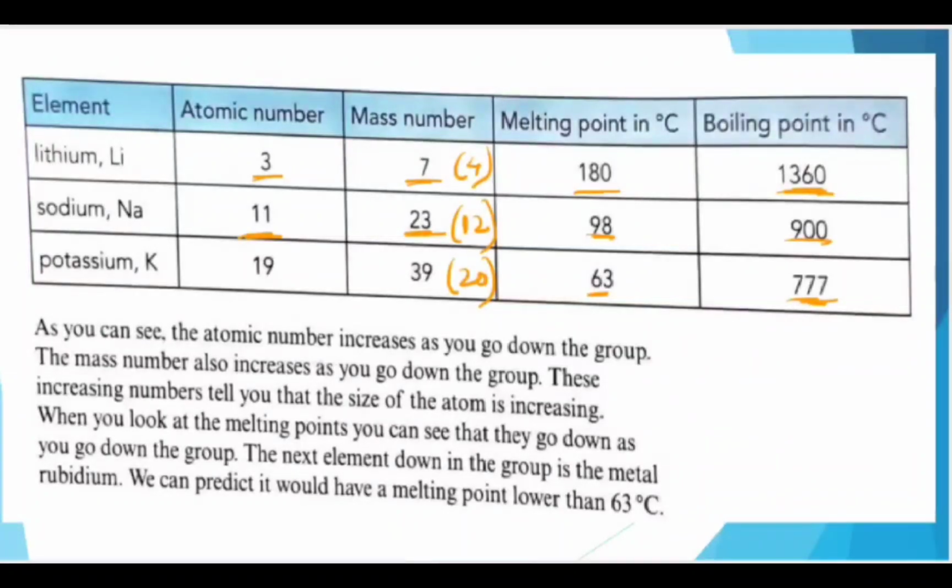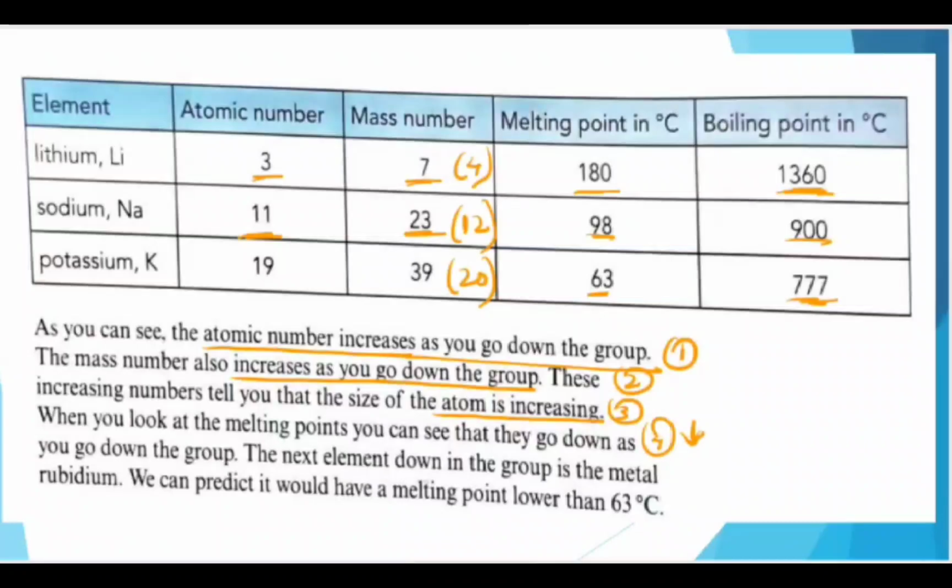As you can see, the atomic number increases as you go down. The mass number also increases as you go down. These increasing numbers tell you that the size of the atom is increasing as you go down. When you look at the melting point, you can see that it reduces as you go down.